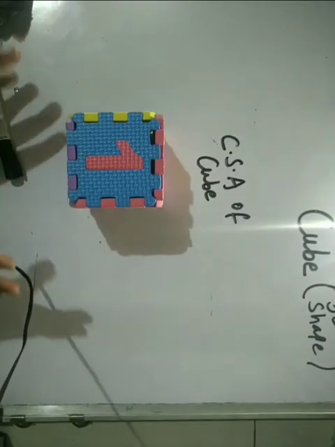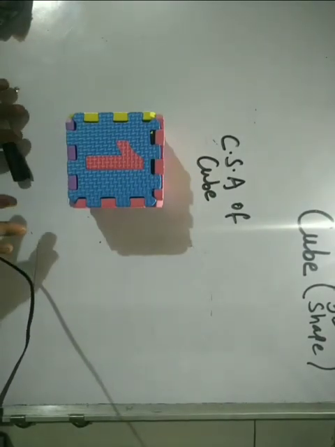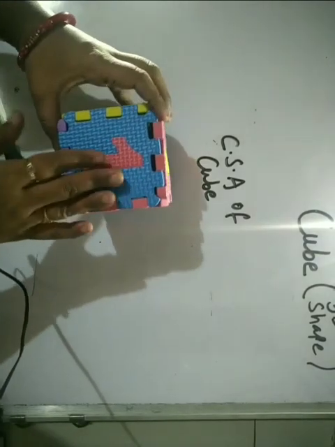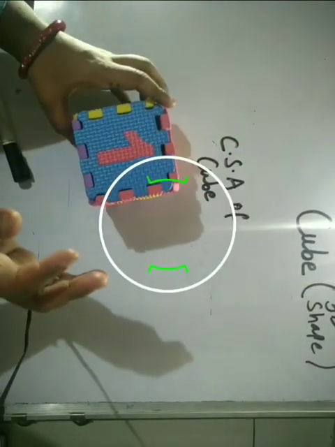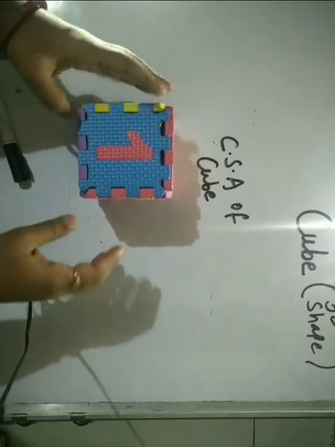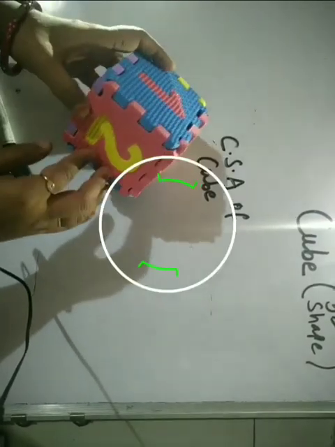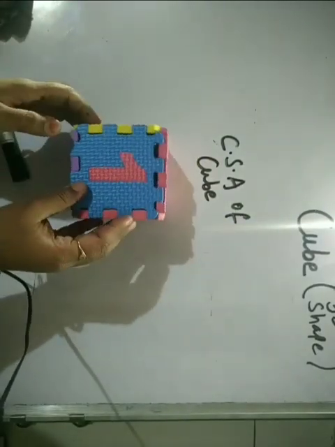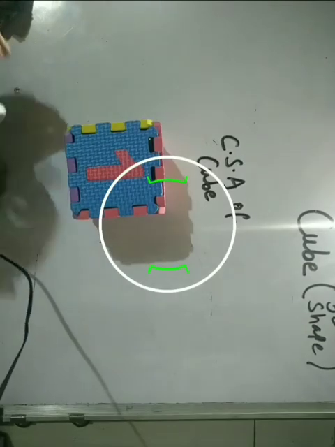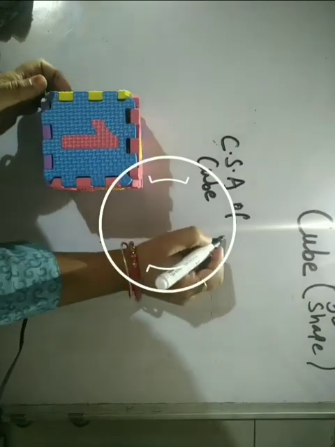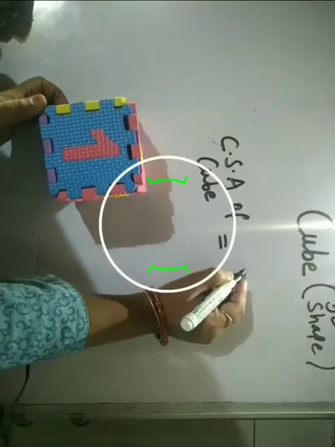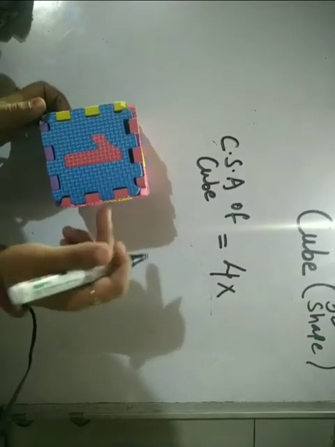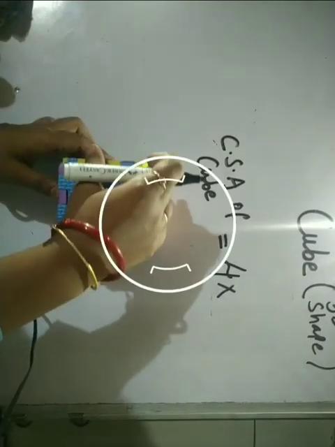If we exclude the top and the bottom one, the number 1 and the number 6, how many surfaces would it have? Number 5, number 2, number 4, number 3. So while calculating curved surface area, there would be a total of 4 surfaces.